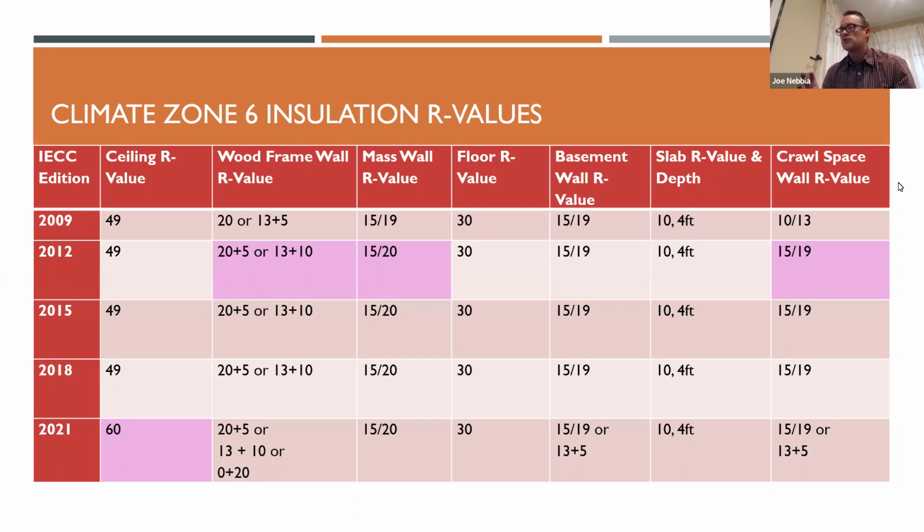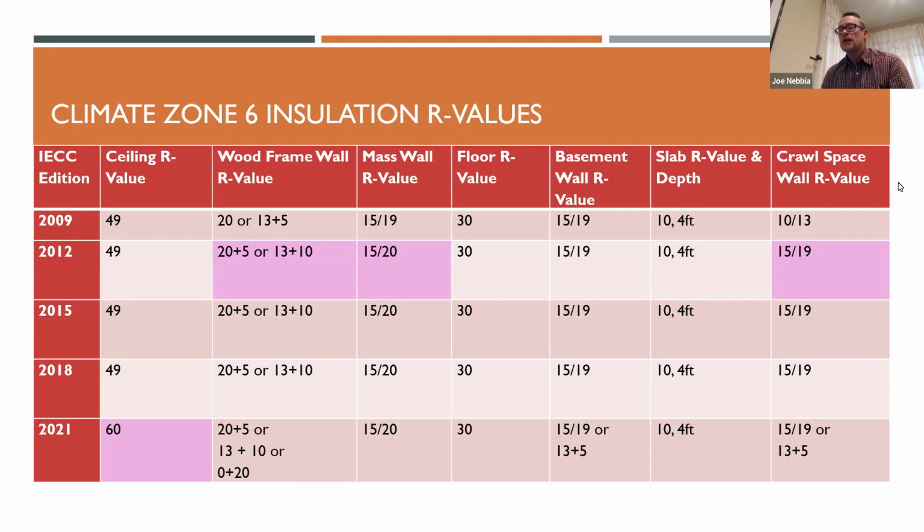And I'll explain what those mean. 20 plus 5 means R20 cavity insulation plus R5 continuous insulation. Same thing with the next option, that would be an R13 cavity insulation plus R10 continuous insulation. And then finally, there's an option for no cavity insulation, and that's 0 plus 20.